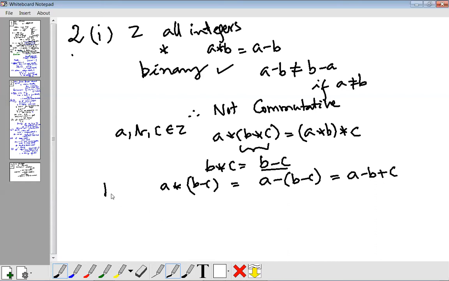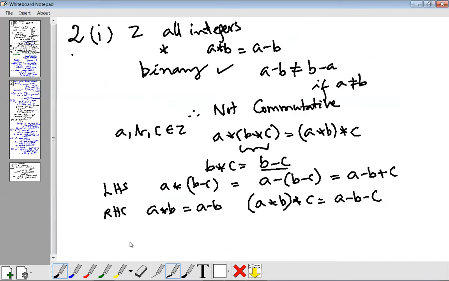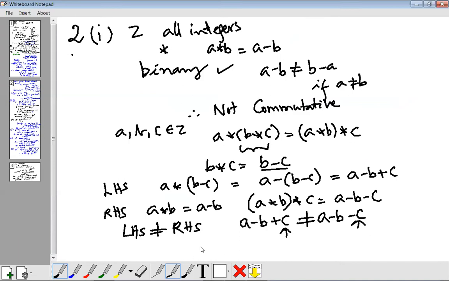This is the LHS. For the RHS, a star b equals a minus b, so (a star b) star c is a minus b minus c. LHS is not equal to RHS, because one has plus c and the other has minus c. Therefore, not associative.